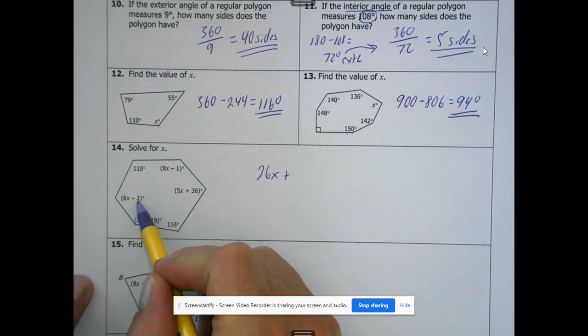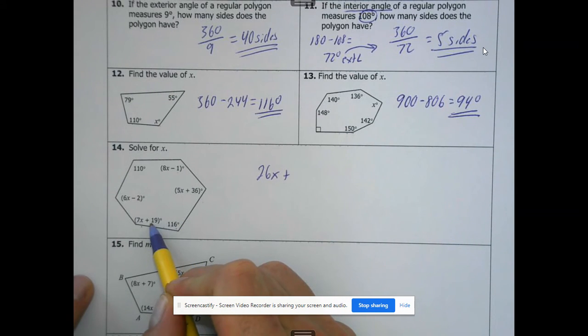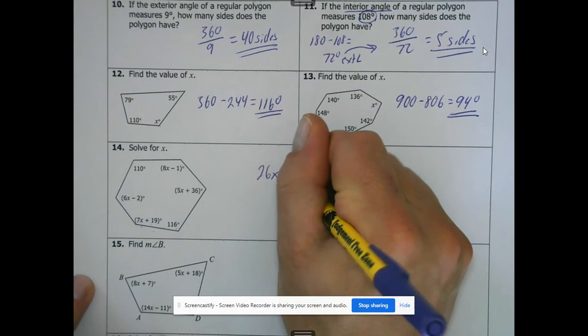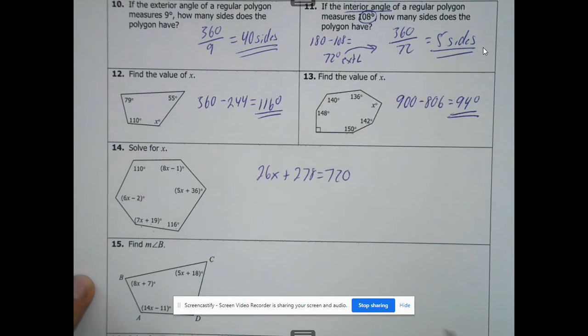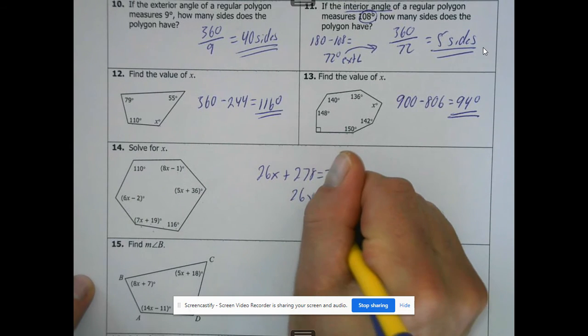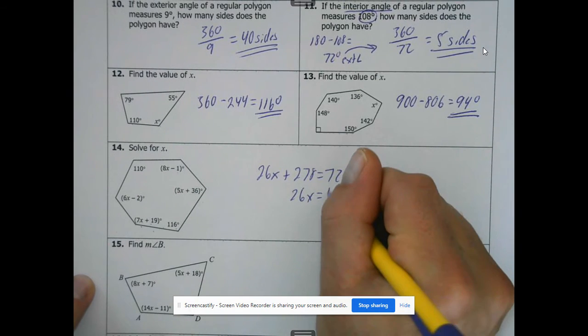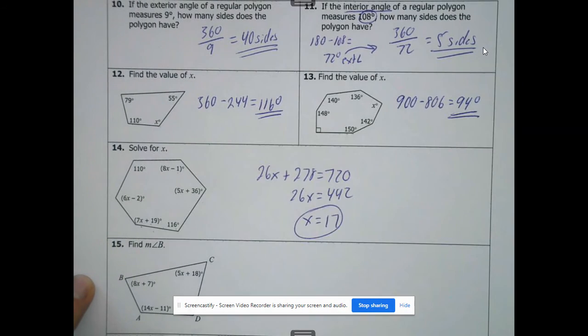The constants, -2, 110, -1, 36, 116, 19. That adds to 278. Equals 720, your hexagon, right? Subtract 278. That's 442. Divide by 26, 17.